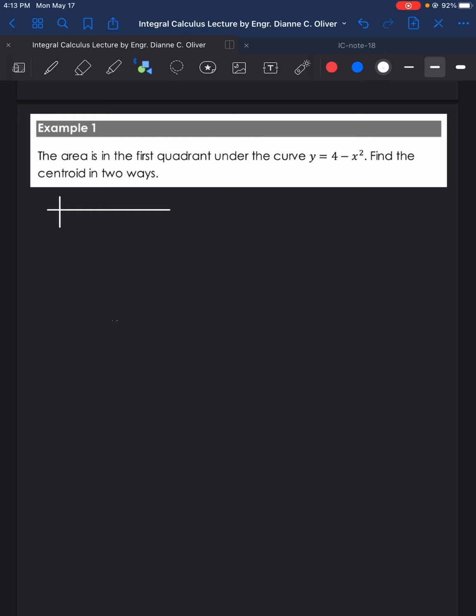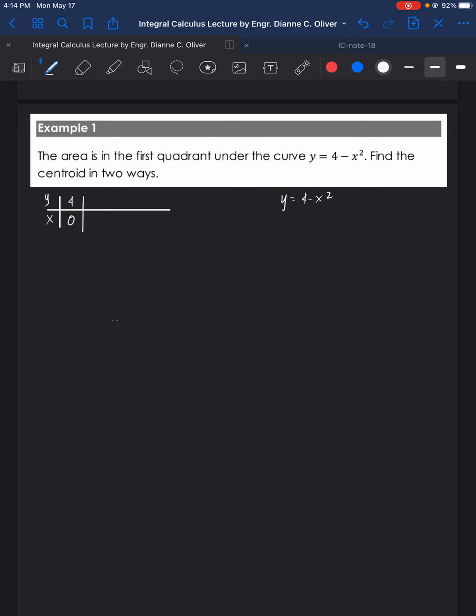So again, let's sketch the curve. This is y, x. Using y is equal to 4 minus x squared, if x is equal to 0, y is equal to 4, positive 4.